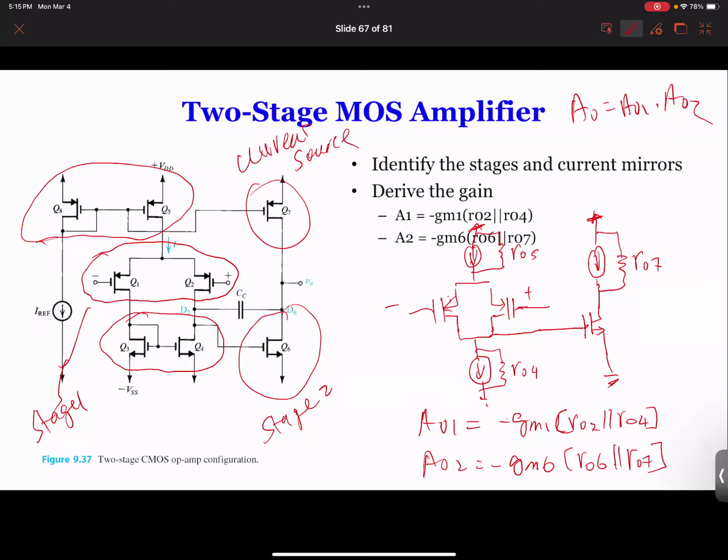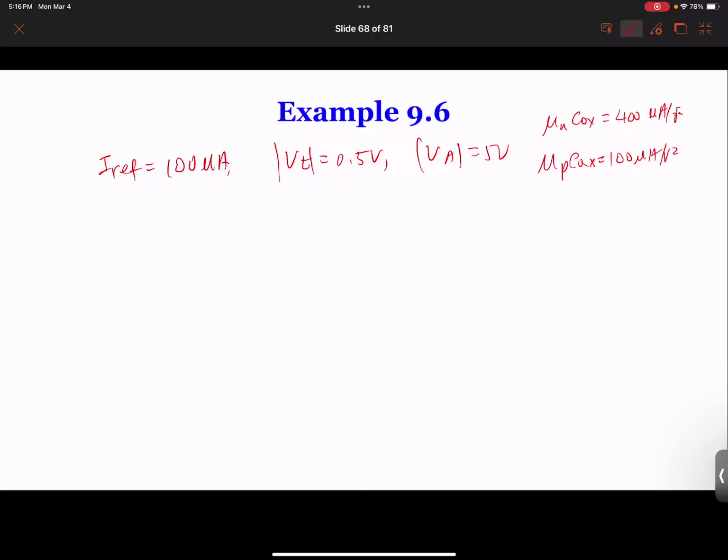And suppose that each of them have the same area. But if the W over L is different, the current will be different. So I'm going to write IQ8. IQ8 is going to be the same as IQ5, it's going to be 100 microamps.